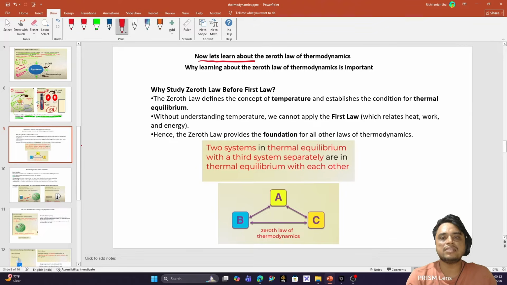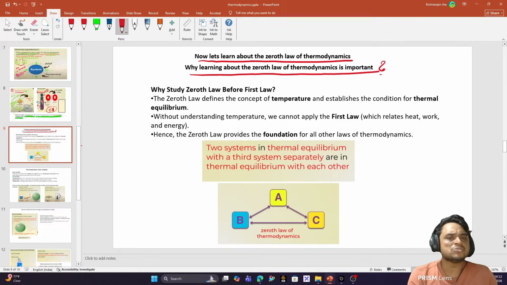So now let's learn about the zeroth law of thermodynamics, and why learning about it is very important. Why do we study the zeroth law before the first law? I could have started with the first law of thermodynamics. No one covers the zeroth law, but trust me, the zeroth law of thermodynamics is very important whenever we study thermodynamics.